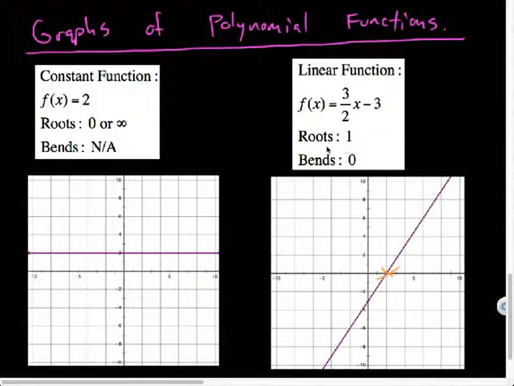And the number of bends, I'm finally bringing this into play. Notice this is a straight line. There's no swerves or anything like that, so that's what I would call 0 bends. That concept will make more sense as we continue our exploration. All right, so let's look at some more.